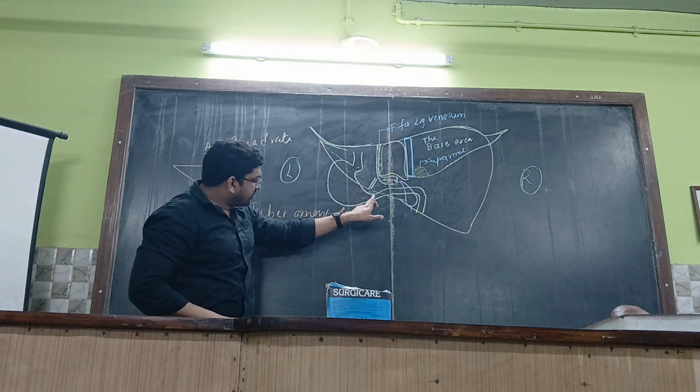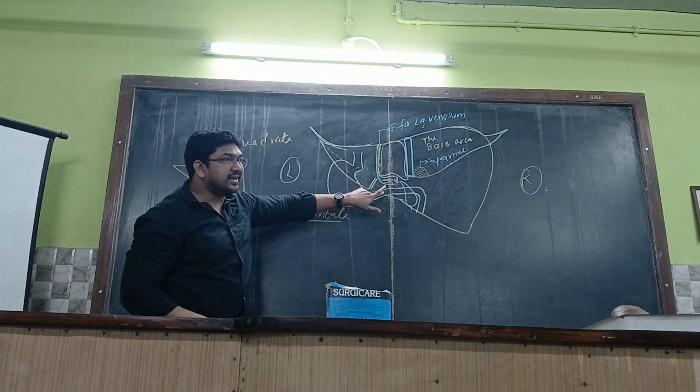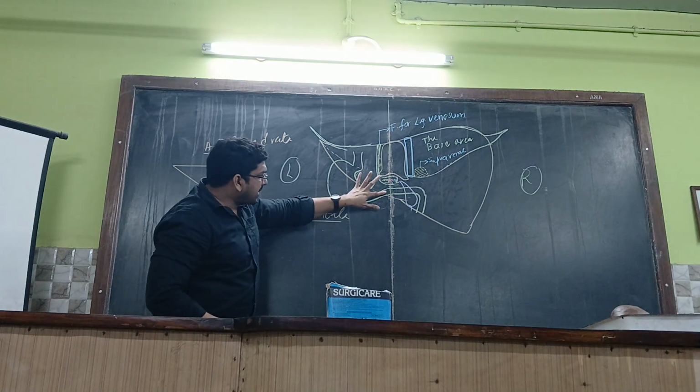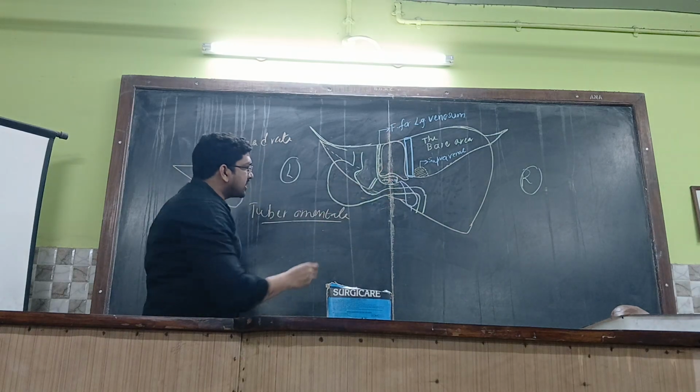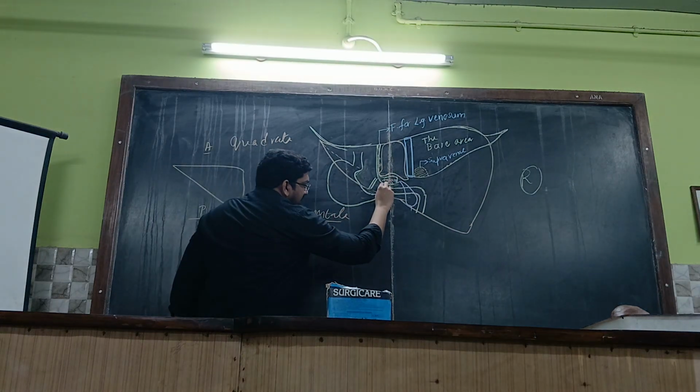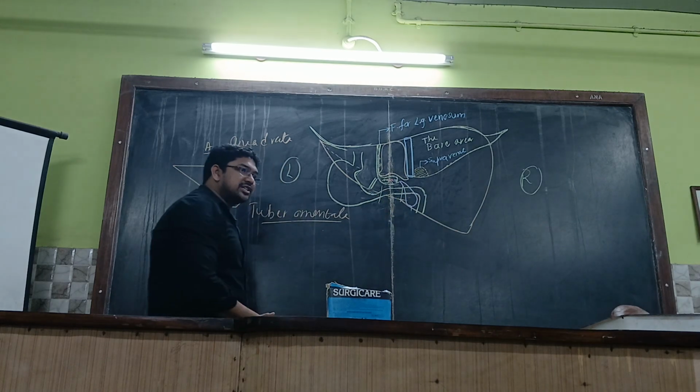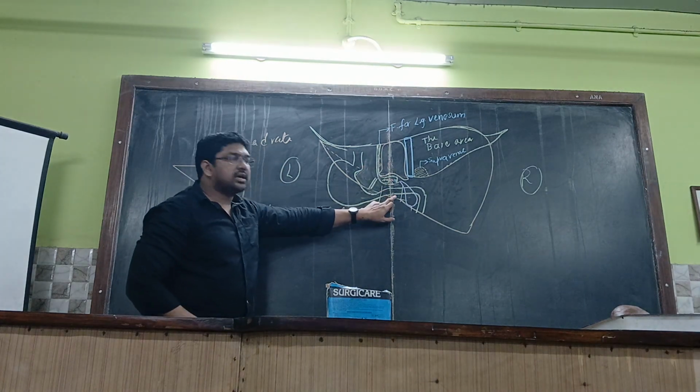The pyloric part will be ending with the pyloric sphincter over here. Okay, that pyloric sphincter will be continuous into the first part of the duodenum. So you are supposed to understand that over here the pyloric part of the stomach and part of the first part of the duodenum are the relations for the middle half of the caudate lobe over here.